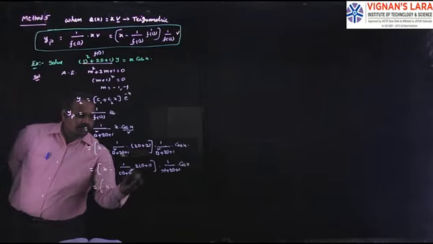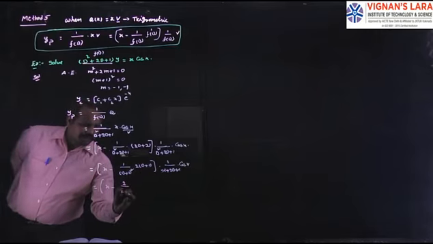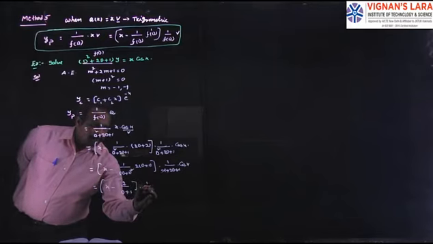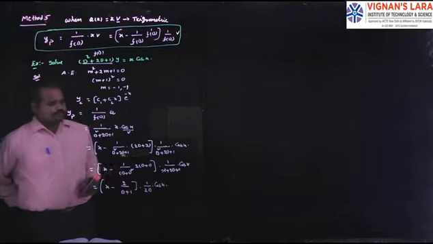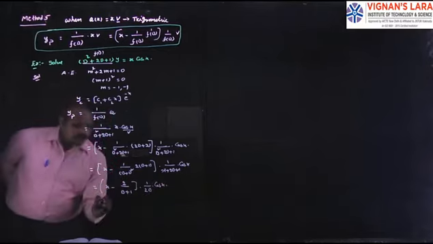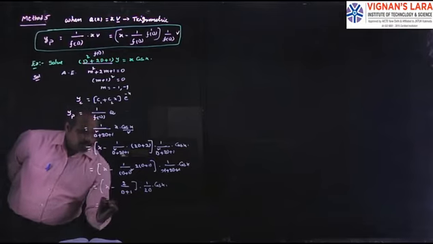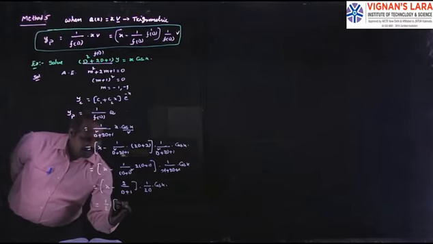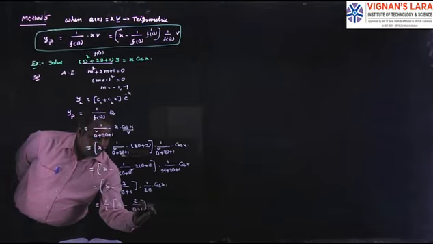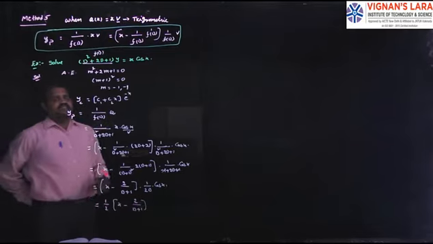D plus 1 getting cancelled, 2 by D plus 1 into 1 by 2D into cos x, which is equal to, write this 1 by 2 outside, x minus 2 by D plus 1 into 1 by D. 1 by D stands for integration.